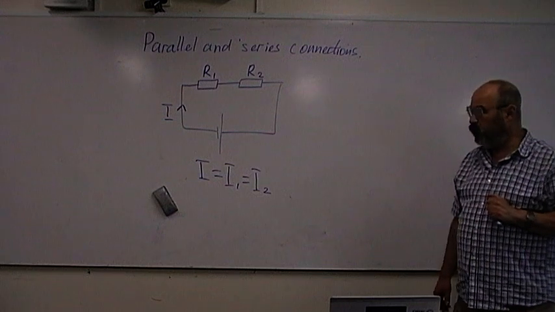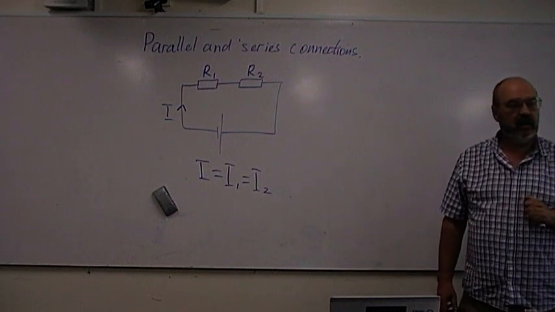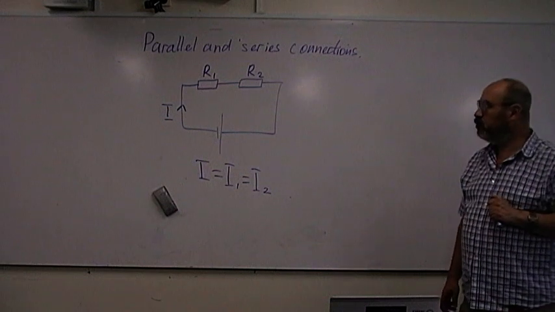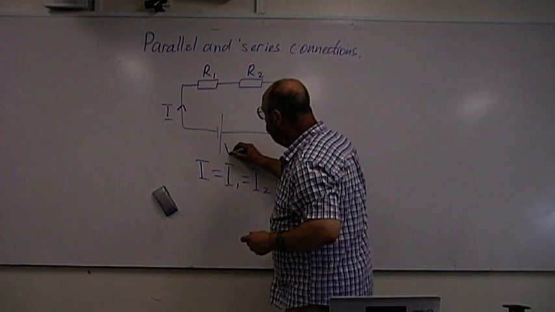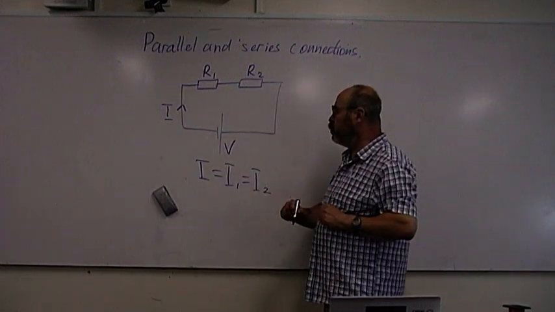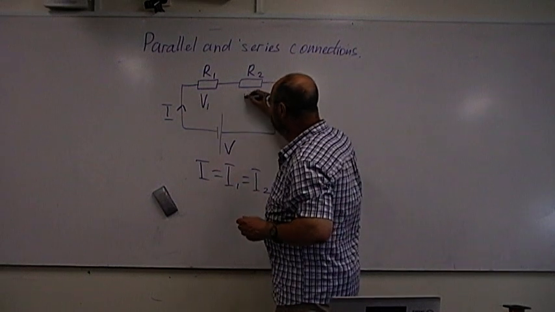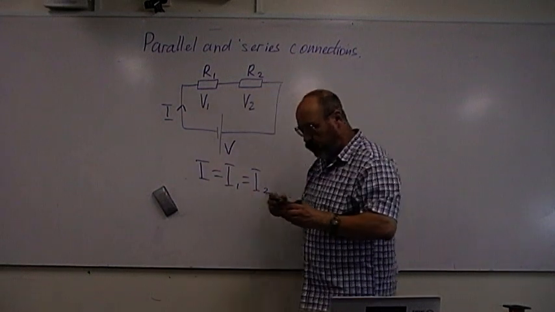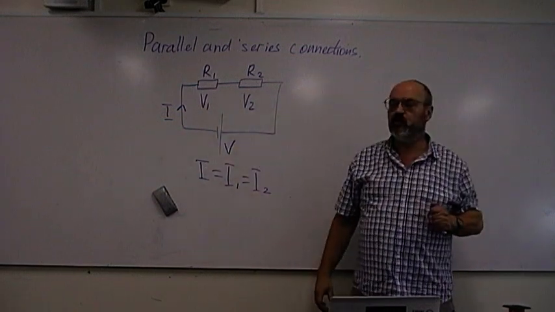Let's see what happens with the voltages. Let's say all voltage provided by the power source is V, and we have voltage drop, potential difference across the first resistor V1, across the second V2.